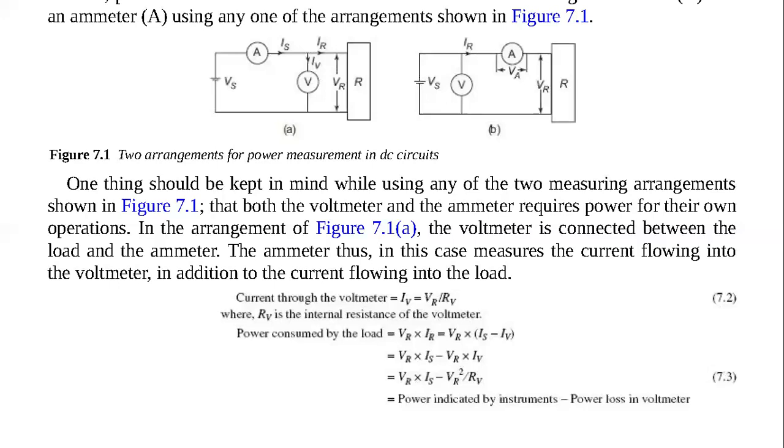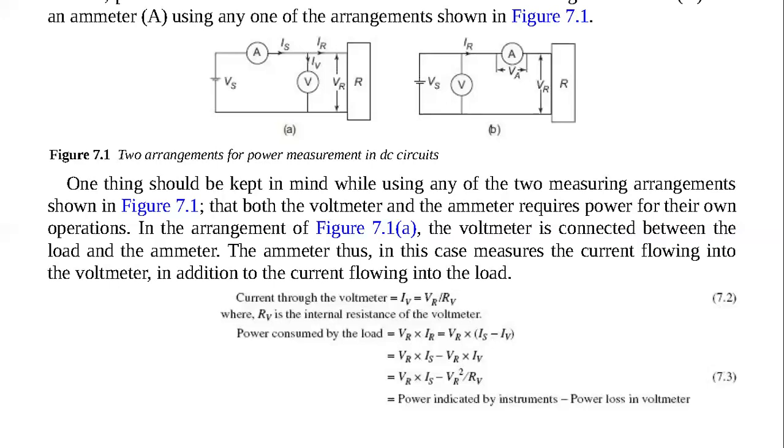So therefore, VR will be equal to, now opening up the brackets in this, you can see this explanation here. So we have solved up to this point where I've explained where we get IS minus IV. So we can open up these brackets and say that VR will be VR times IS, that is the supply current, minus VR times IV.